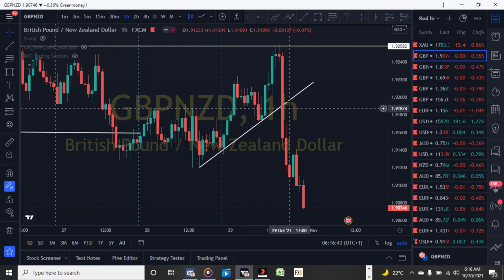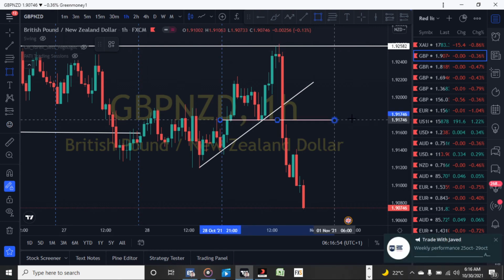Why did I do this? I did this because I want to get right into the trade when the market breaks this structure to the downside, and retests.